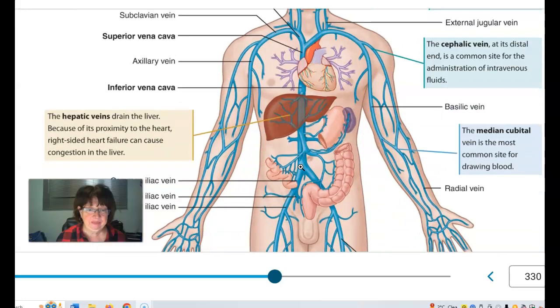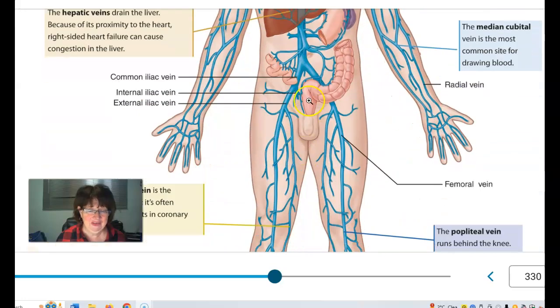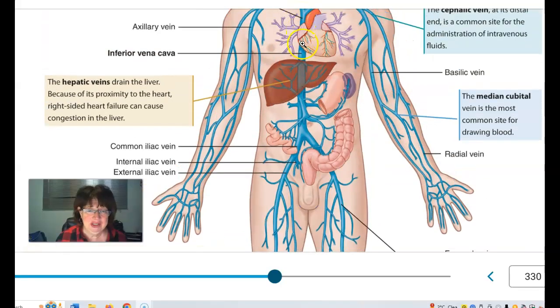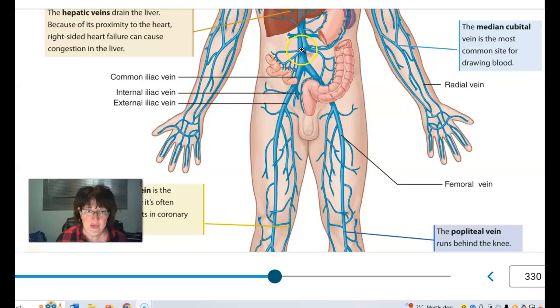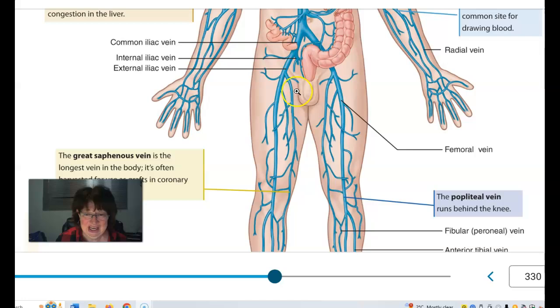Good. Now let's look at the inferior vena cava. The inferior vena cava will go down and collect blood from the lower part of the body. It collects the blood from the liver; the hepatic vein will go into it. Then again, you have your dividing at the level of the ilium, so you have the iliac, internal iliac, external iliac.